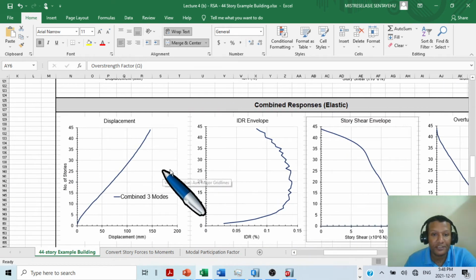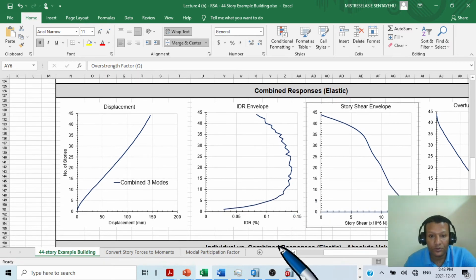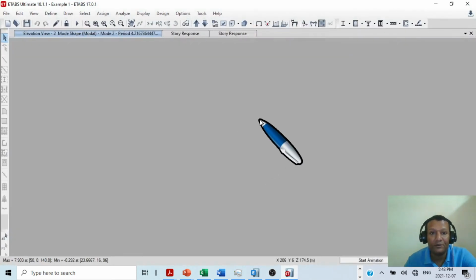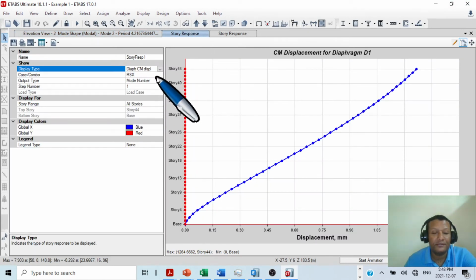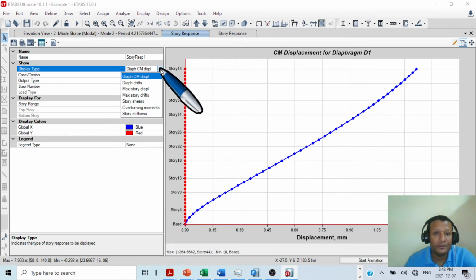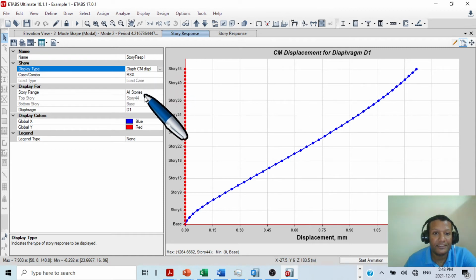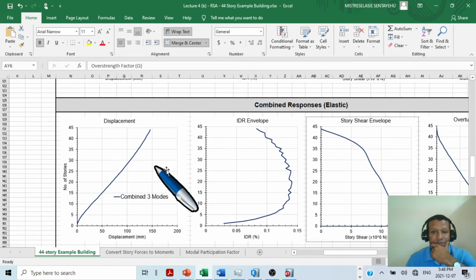This is the combined response, meaning the same response can be seen in ETABS. So we can check it like this. We can go to ETABS, story responses. The first one, for example, story displacement, RSA, as you can see, 1264.